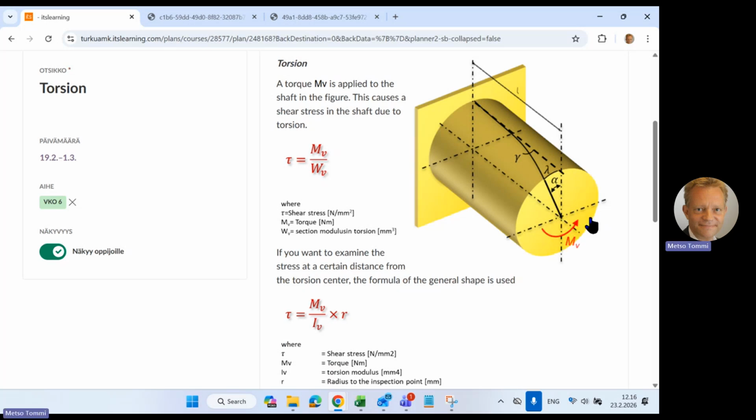Torsion or twist moment affects this shaft, and it causes a shear stress during the torsion. And the most important formula is this one.